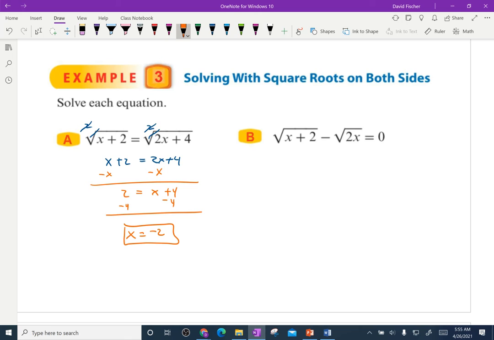Okay. On this one, though, to get my radicals on the other side, it doesn't matter which one you move to the other side. I'm just going to take this one. I'm going to add the square root of 2x to both sides. And now I have a radical on both sides. Now I can square both sides. And I get x plus 2.